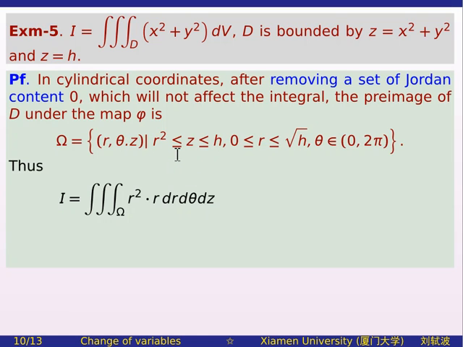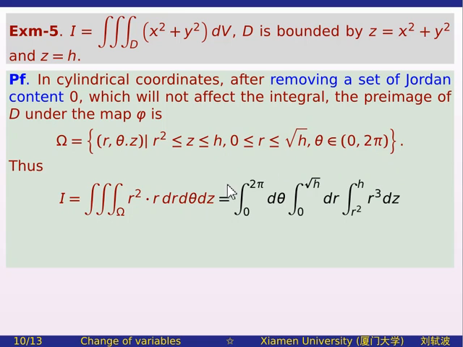But omega is not a rectangle. For omega, the range of r and theta are intervals. The range of z is also an interval, but the endpoint of the integral depends on r. So you cannot let z be the last integral. You need to put z in the inside.